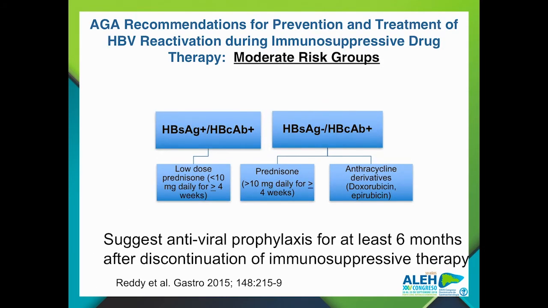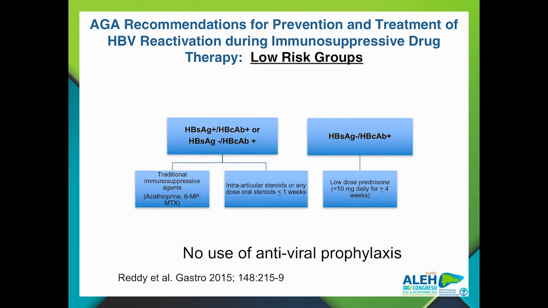Other moderate groups would be those who are surface antigen positive, who are getting lower dose of prednisone, but for more than 4 weeks. And for those that are isolated core antibody positive, who are getting prednisone more than 10 milligrams for greater than 4 weeks, who are getting an anthracycline derivative, and these patients also should be treated for 6 months after cessation of the immunosuppressive therapy.